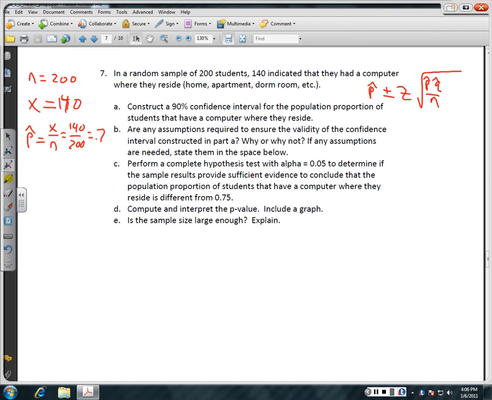So we're going to have 0.7 plus or minus, and for 90% that's 1.645. This is just using the z table like exam 2, times the standard error, which is going to be the square root of 0.7 times 0.3 over 200.